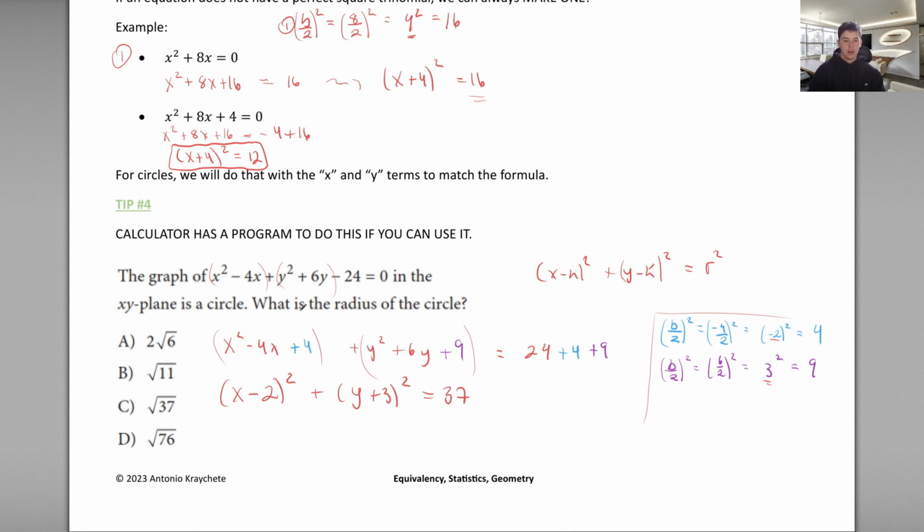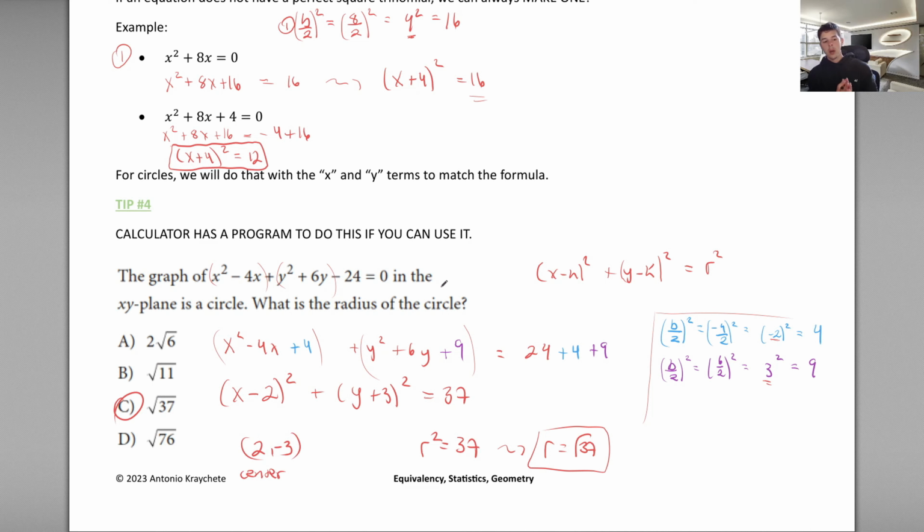Okay. So what's the radius of the circle? So we know that the radius squared equals 37. Therefore, the radius equals the square root of 37. Okay, so from this, we would have known the center of circle as well, which is 2 comma -3. So that's the center and the radius as well.